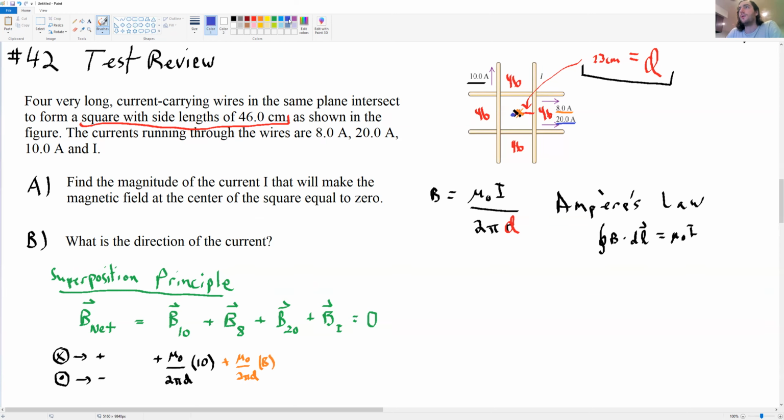20 was blue here, and this one was out of the screen, so we put a minus sign, mu 0 over 2 pi d. And then in parentheses, we'll put 20, the current. And then we don't quite know about BI yet, but let's go ahead and write it as a plus.